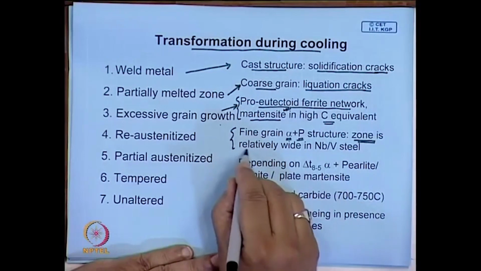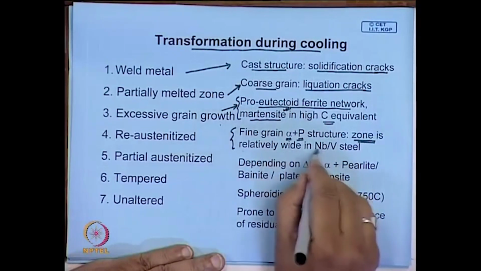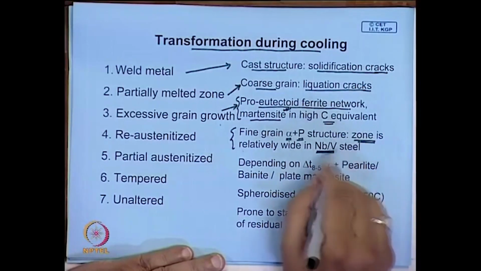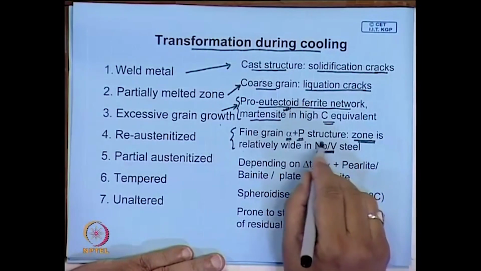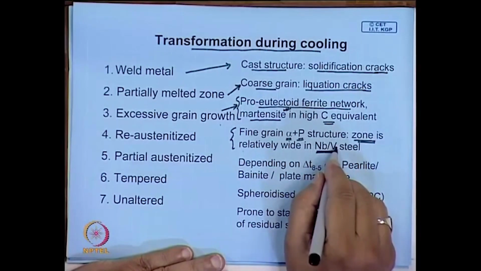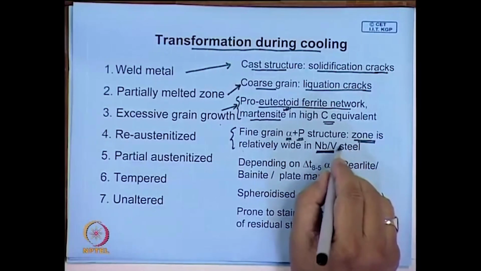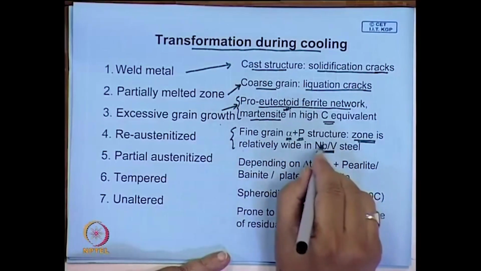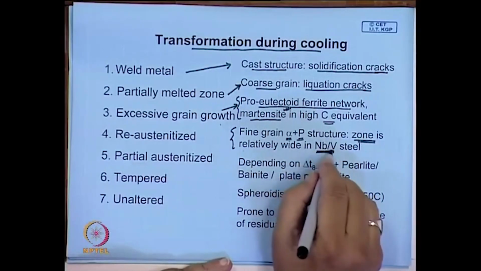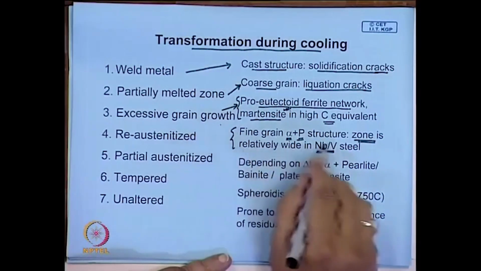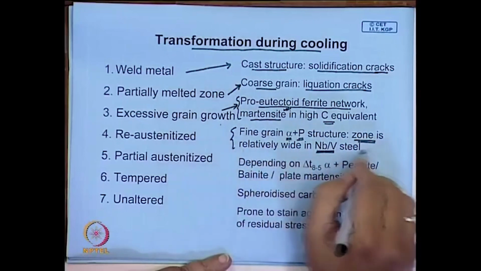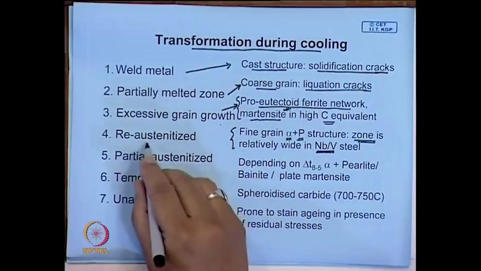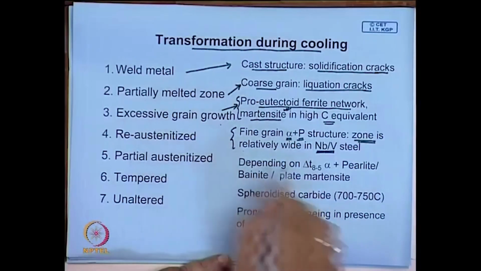Bulk of the steels that are welded are microalloyed steels, they have some amount of niobium and vanadium added, and their nitrides and carbides are grain growth inhibitors, they do not allow the grains to grow. So, therefore, this re-austenitized zone is usually quite large in this type of steel.